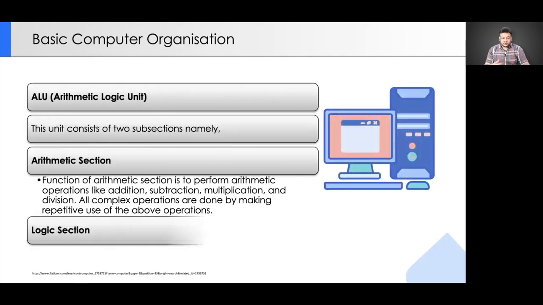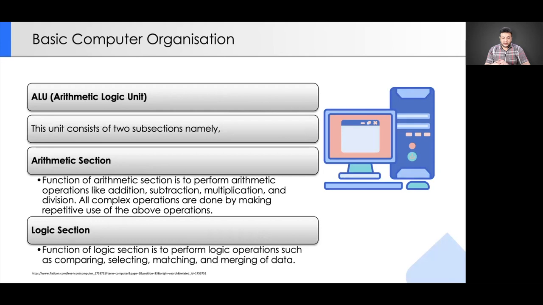Now, if we proceed to the next one, we have the arithmetic logical unit. As the name implies, it is responsible for performing certain tasks, which can be arithmetic operations as well as logical operations.